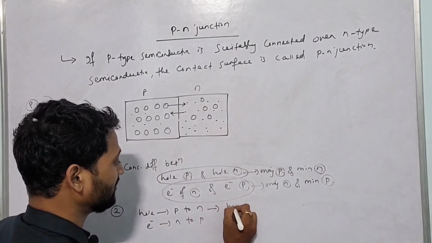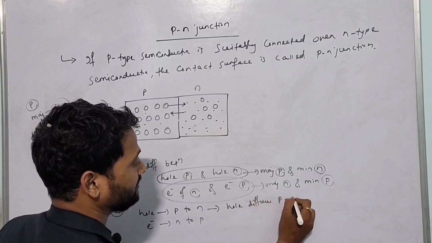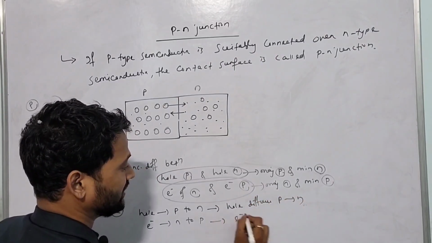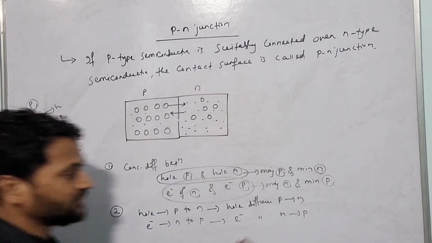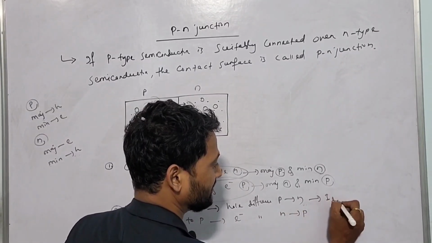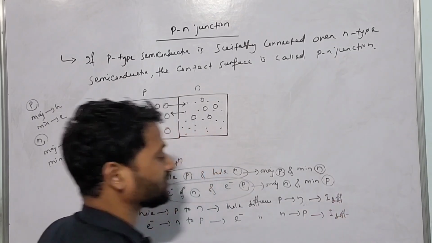That means we'll be getting diffusion current due to hole and diffusion current due to electron.